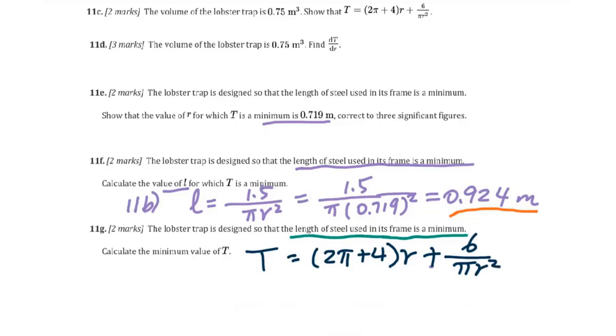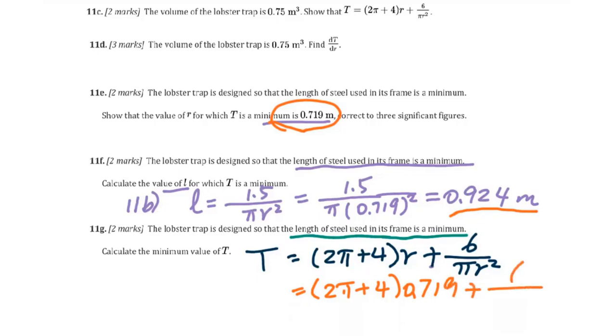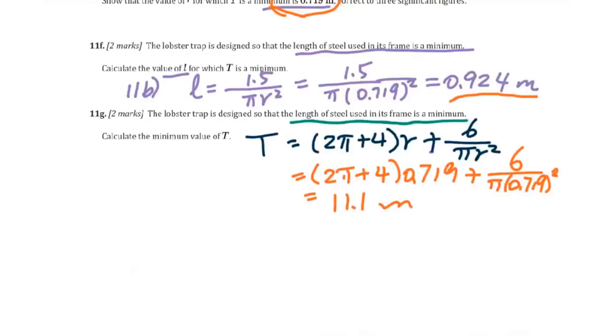We know this r equals 0.719, so we plug in 2 pi plus 4 times 0.719 plus 6 over pi times 0.719 squared. You will get, answer will be 11.1 meters.